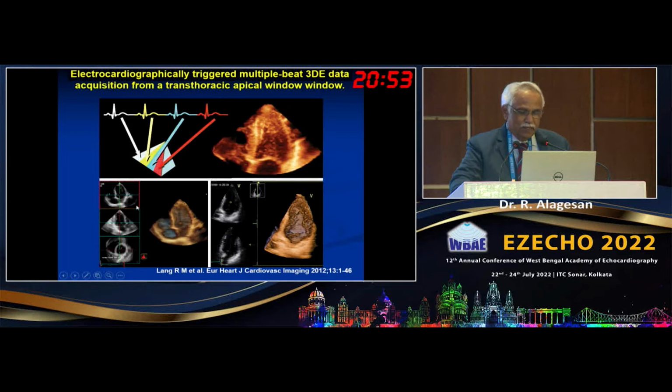So before capturing, we have to identify whether the entire left ventricle is included in the full volume data set by going to the apical views. We can get a simultaneous two-dimensional echocardiogram in the apical 4-chamber view, apical 2-chamber view, and the apical long axis view, or you can get short axis data sets.